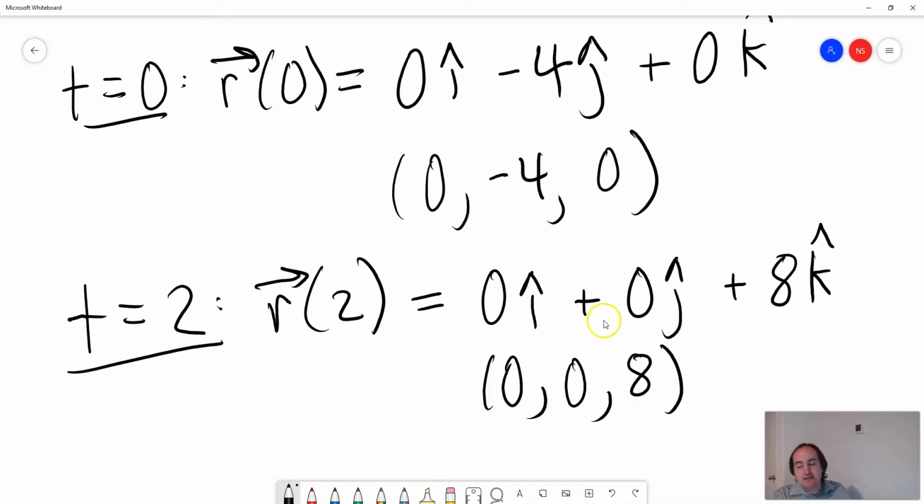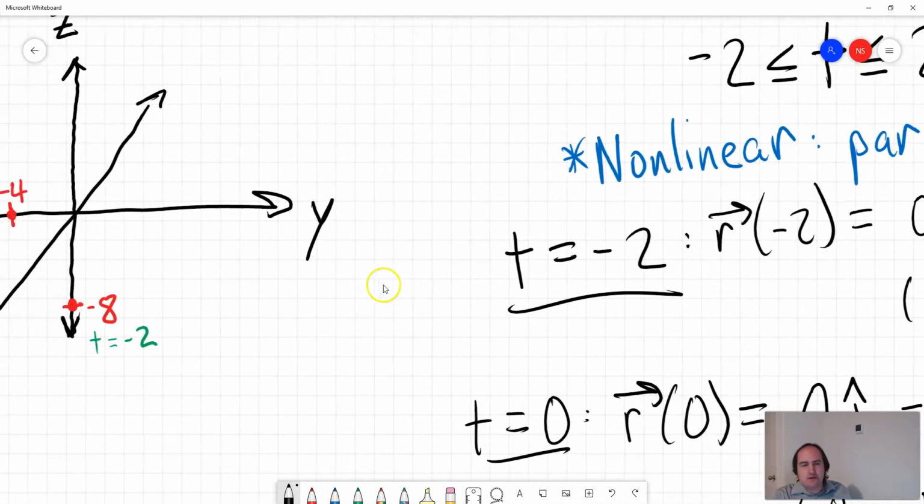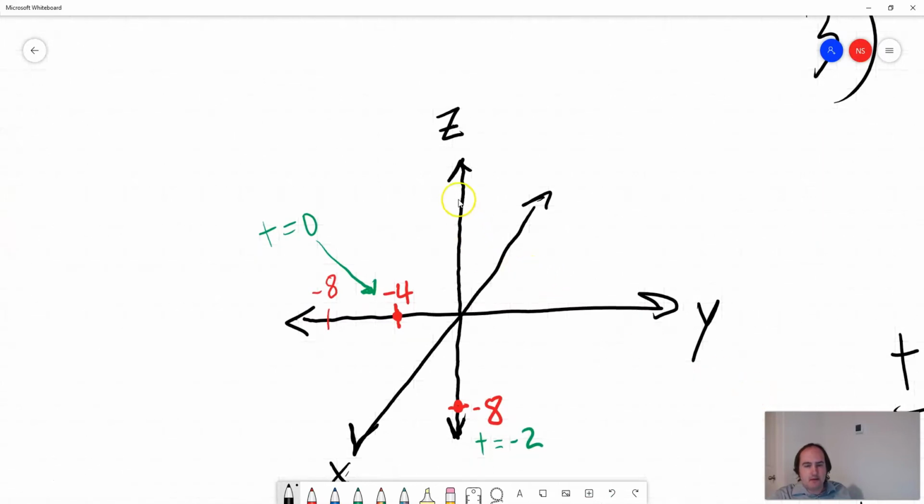And that's actually what we expected for a parabola, or hopefully what we expected. So 0, 0, 8 is going to be at 8 on the positive z-axis. Okay, and that's where our graph ends at t equals 2. Now, if we didn't know it was a parabola, we might want to plot more points.